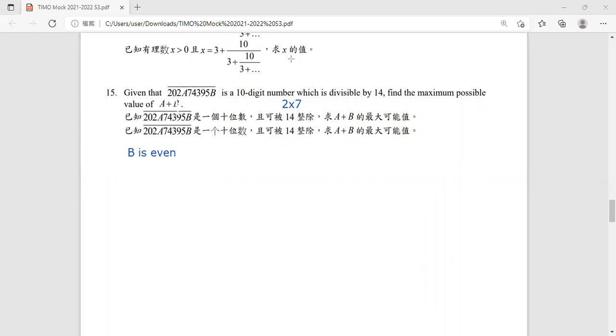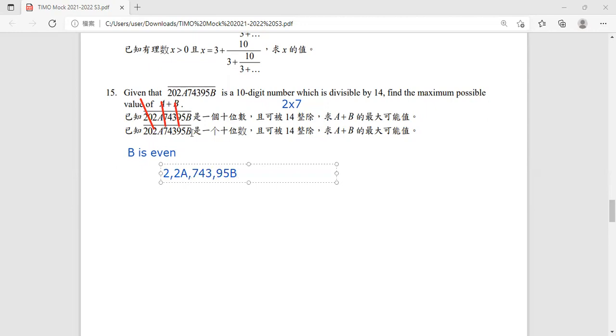What you have to do is chunk the number into groups of 3 digits from the right hand side. So you have 2, 2A, 743 and 950B.